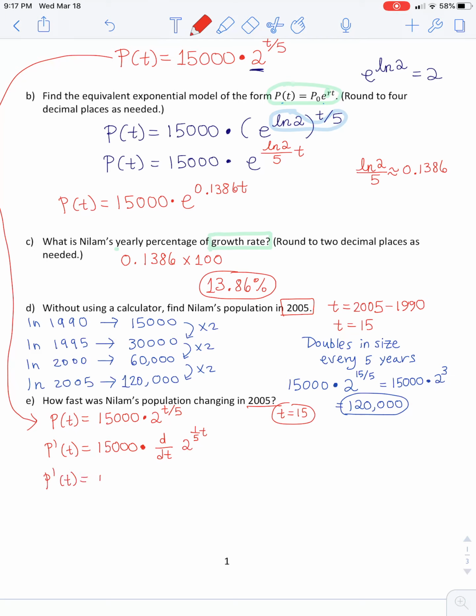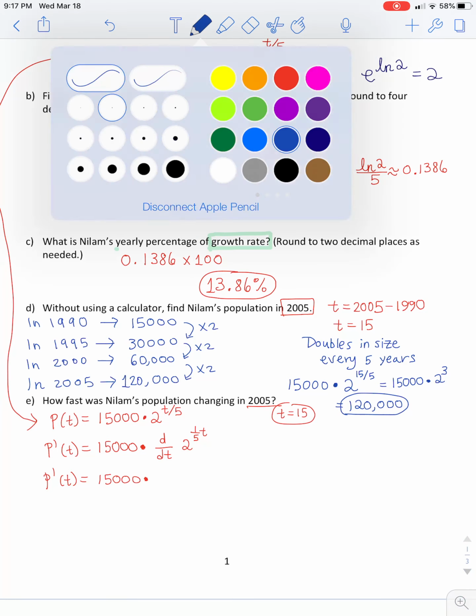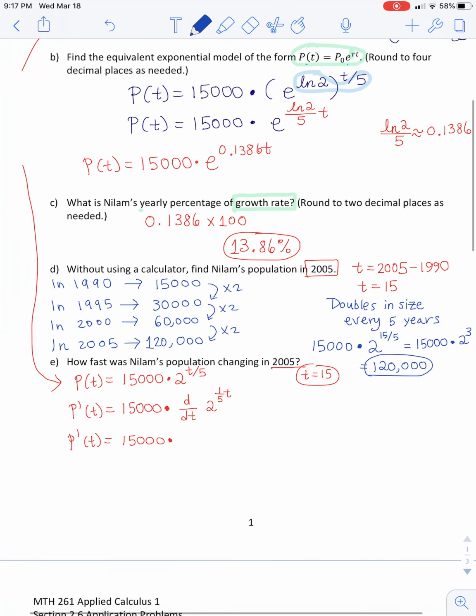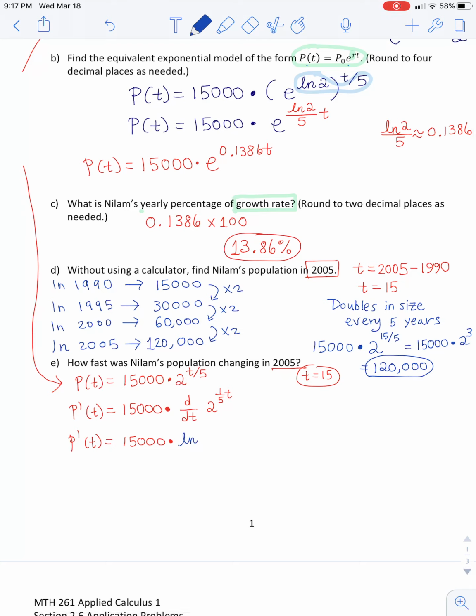P prime of t is this 15,000 times, remember how to take the derivative of this expression right here, right? That will be natural log of 2, we need that, multiplied by the original expression. But remember, we need to use the chain rule here.